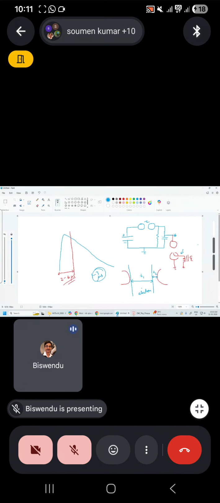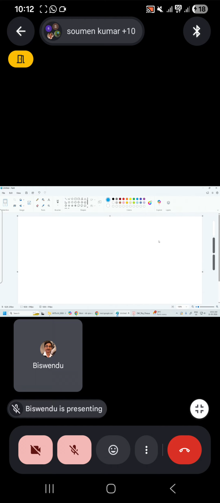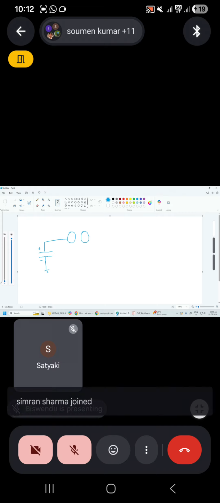If you see the impulse generating circuit, I draw it again. I will have to draw it. Is this drawing visible to all of you, what I am telling? Yes, sir. Okay.